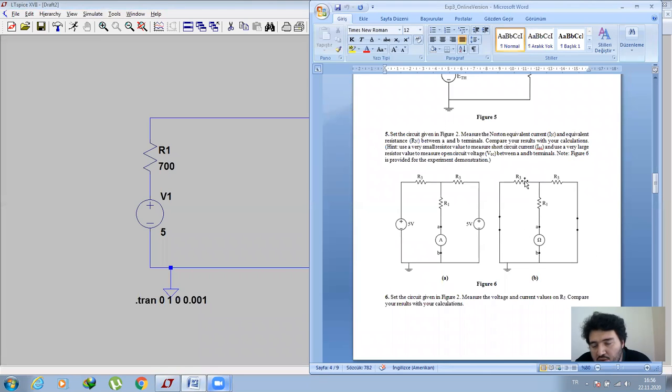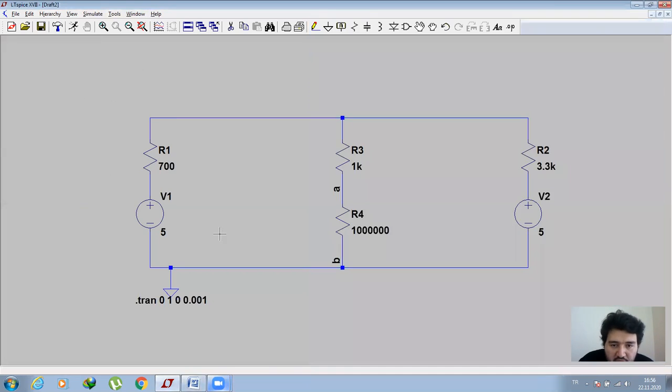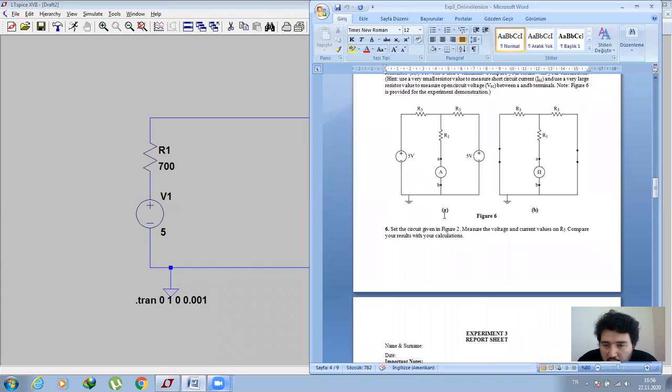Please don't try to create this circuit in LTspice to measure the ohm, because there is no ohmmeter in LTspice. So we measure the open circuit voltage by assigning a very high resistance, because 1 million ohm is much bigger than 1k ohm, so the voltage will be correct for this measurement.